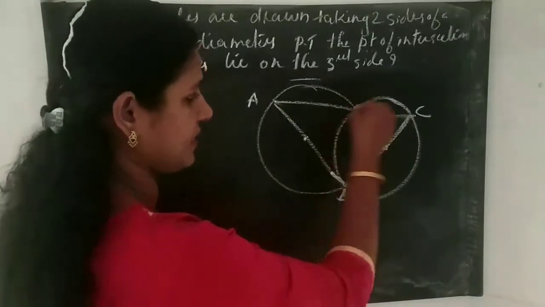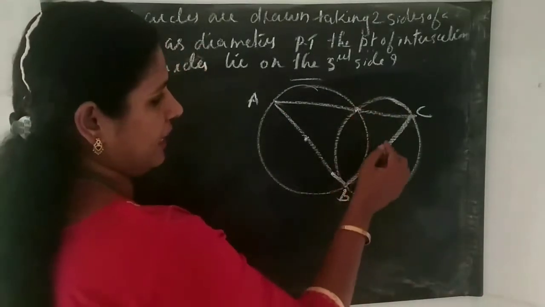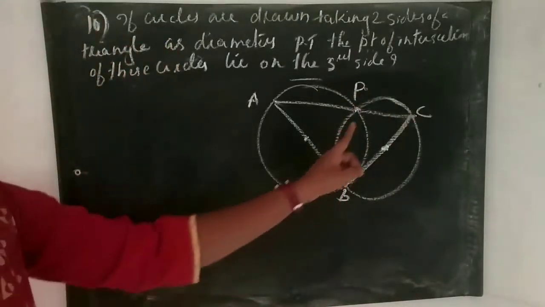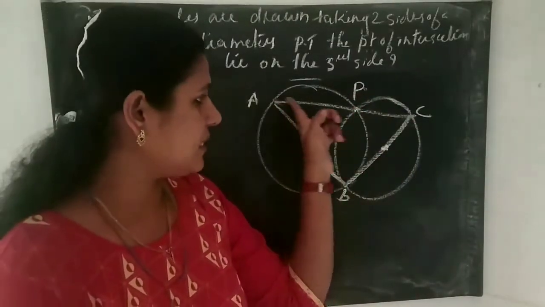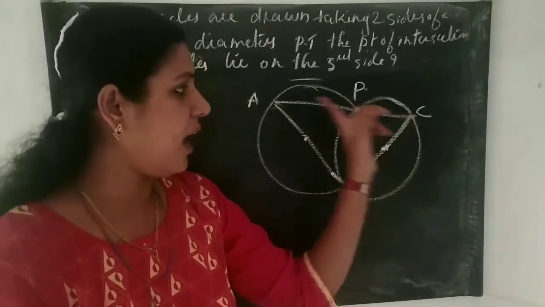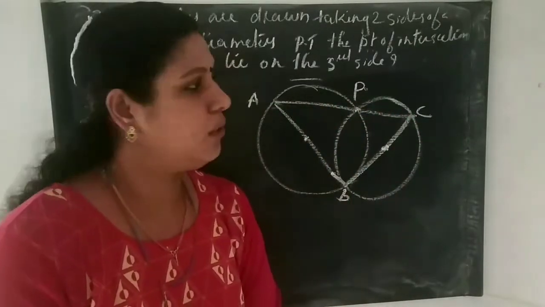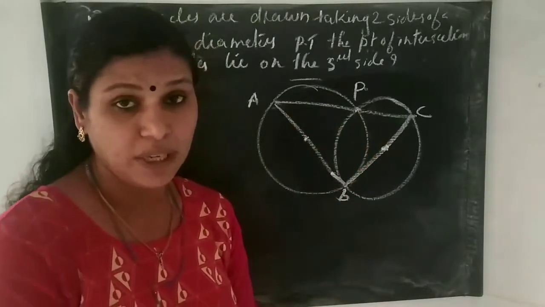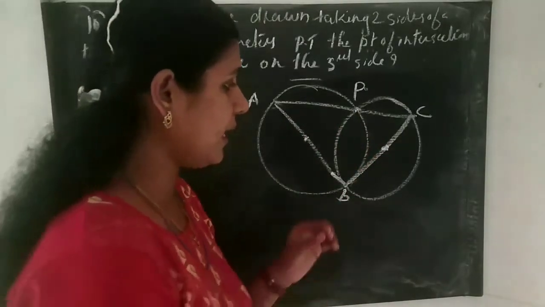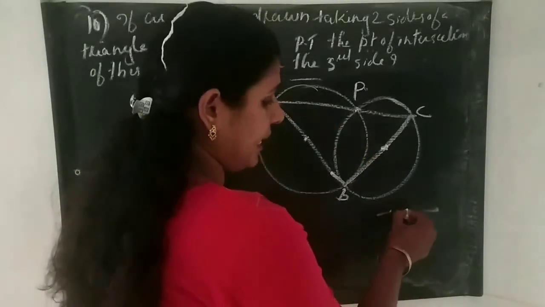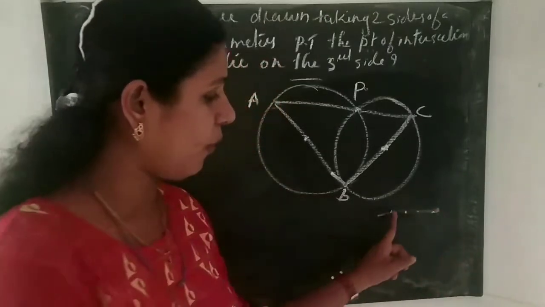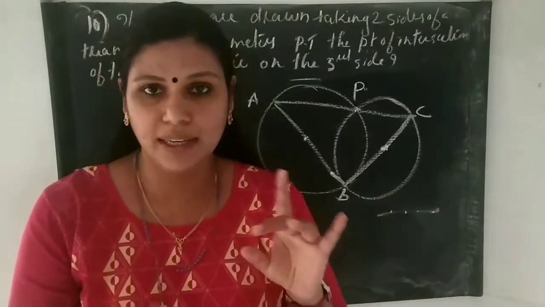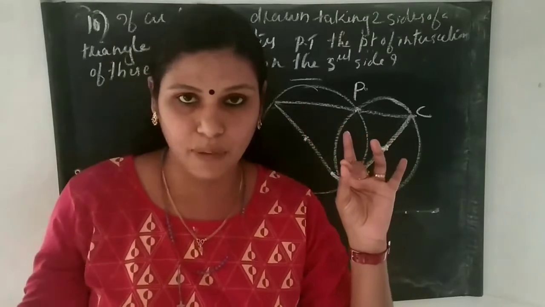There is a point of intersection, and we can name that D or P. We can prove this P is on this line. A, P, C are on the same line. For that, we have to prove A, P, C are collinear points. Collinear points are points in a straight line.